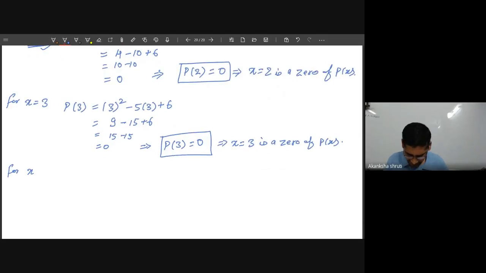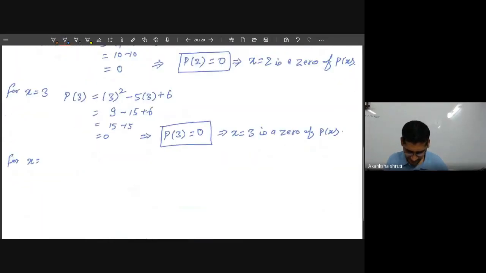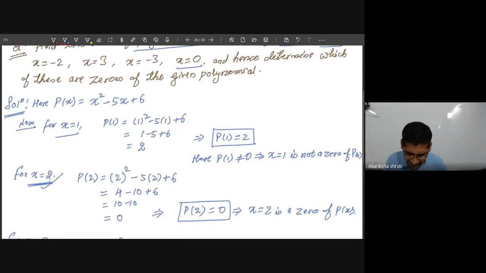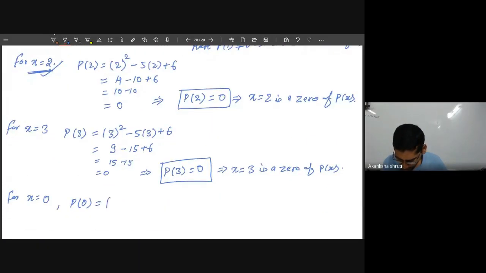Okay, if you take any other value, let me take one more. For x equals 0, student, what is the value of p of 0? For p of 0, wherever the x is there in px, we have to substitute 0. It becomes 0 square minus 5 into 0 plus 6. It becomes 0, 5 into 0 is also 0, plus 6.